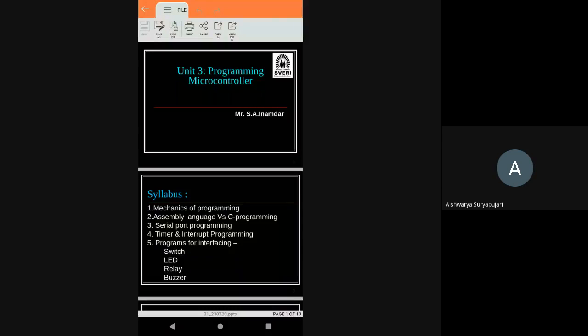In this, both hardware and software support are required. Hardware means the actual controller and the interfacing peripheral: how we can connect them, which pin has to connect to which pin of the peripheral. That is to be identified.